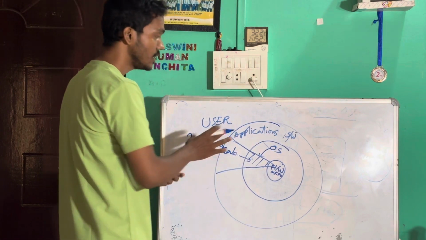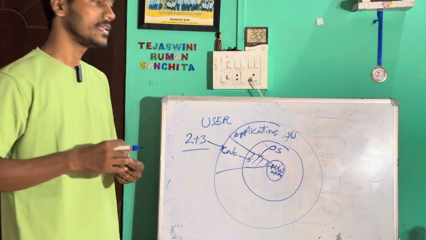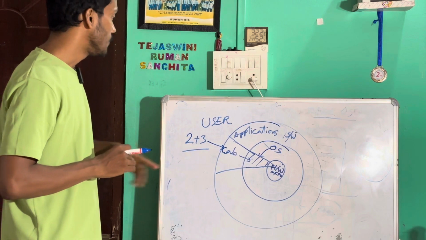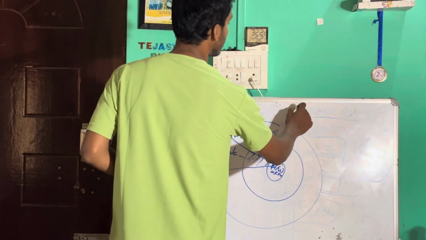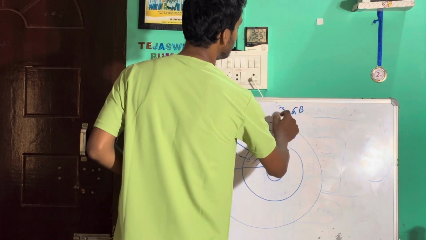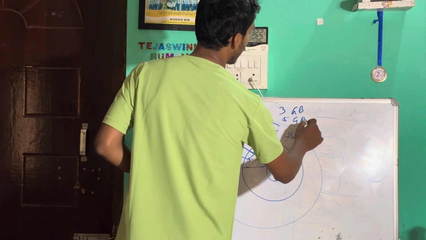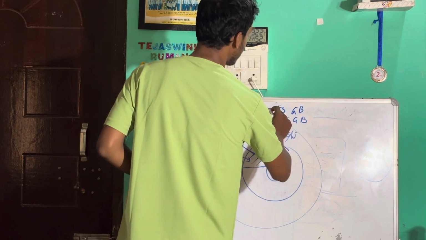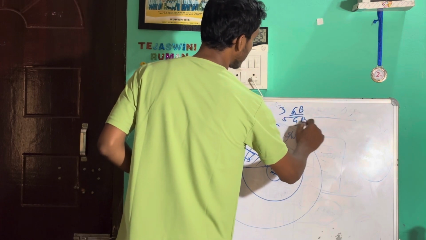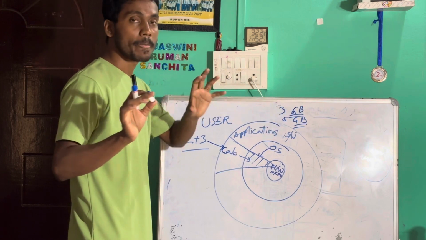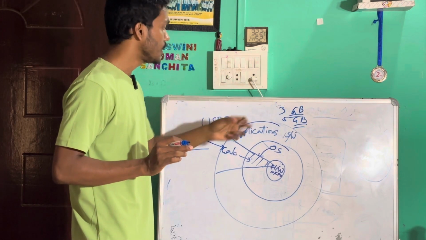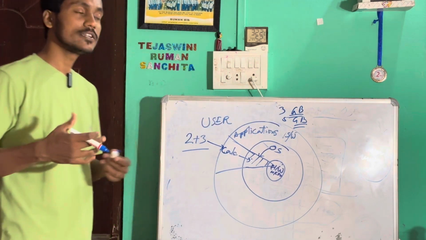That's why I'm saying the operating system is the manager of the whole system, and that's why you can see the size of an operating system is 3 GB, 5 GB, nowadays maybe more than that. So what does GB mean? It is not a file or software full of videos and images, that's why the size is 3 GB.